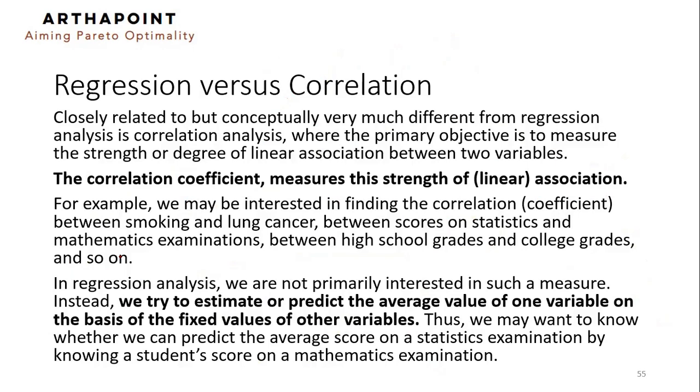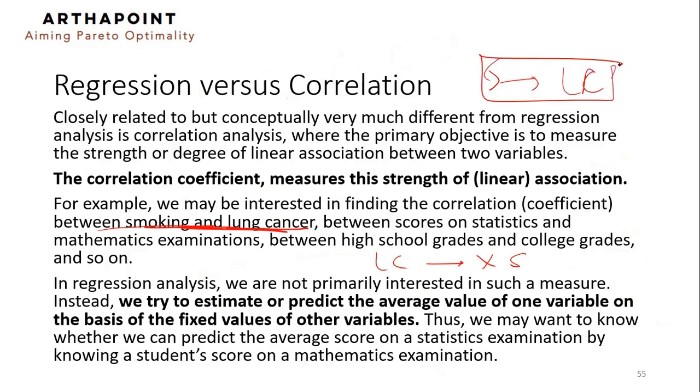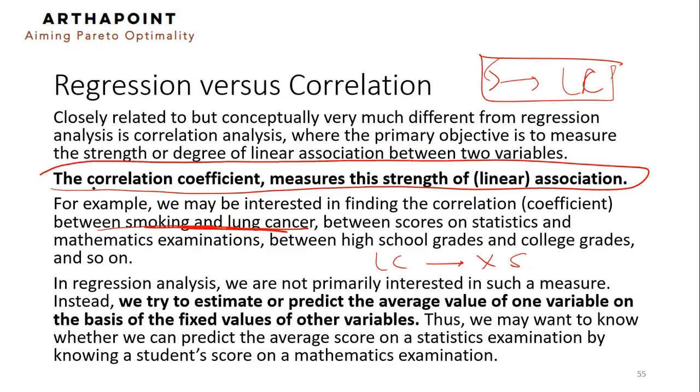So I know that there is a positive relationship between smoking and lung cancer, but lung cancer doesn't cause smoking. Smoking causes lung cancer, right? So the correlation coefficient measures the strength of the linear association.